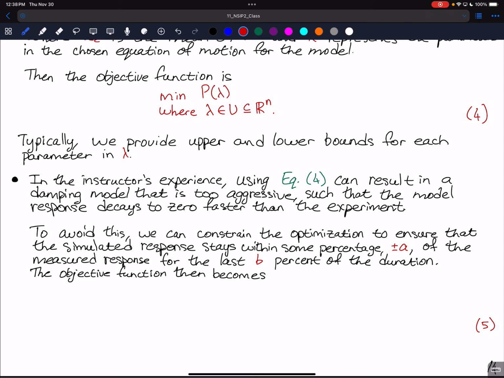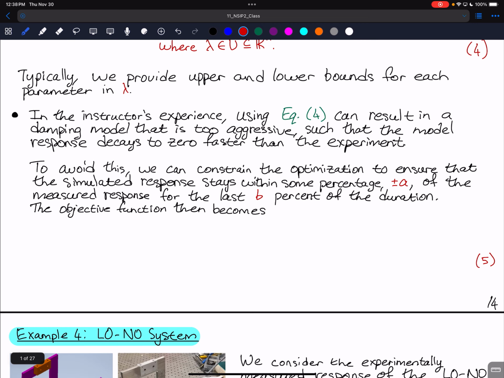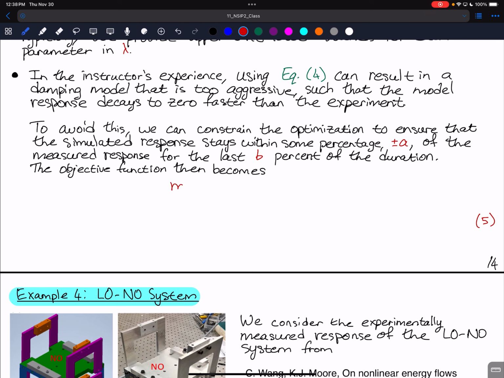So by adding those constraints, we can say that we want to minimize p, which is still dependent on all the parameters lambda, subject to the constraints that the maximum value of the simulated signal for tau must be greater or equal to 1 minus a times the maximum of the absolute value of xe for tau. We'll say what tau is in a moment. That's our first constraint.